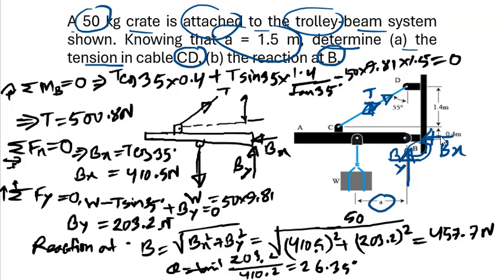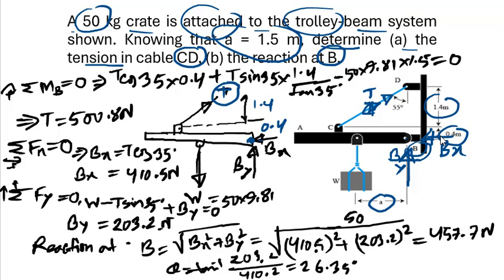Here the distances are 0.4 and 1.4. After drawing the free body diagram, the unknowns are Bx, By and also T. Looking at the free body diagram, where are the most unknowns? They are Bx and By.